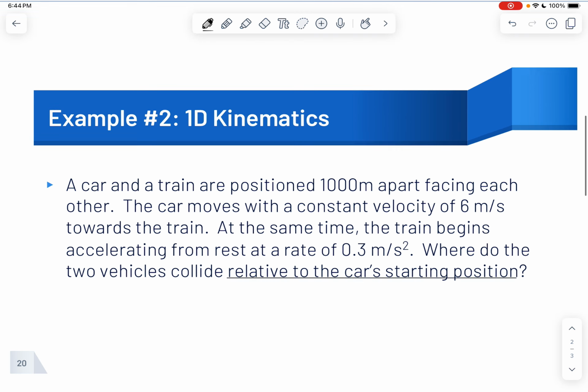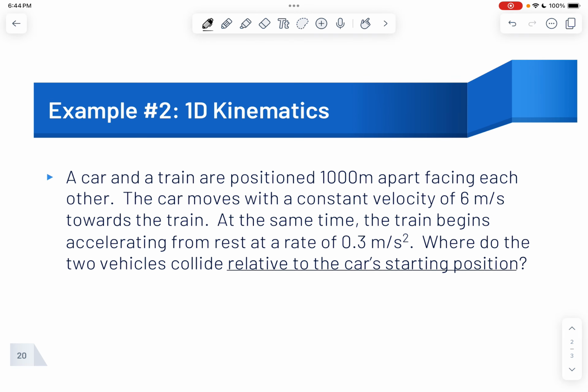So for our example here, we're going to have a car and a train. They're going to be positioned 1,000 meters away from each other, and they're going to be facing each other as they start to move. So our car is being described as moving with a constant velocity. Again, constant velocity just means our acceleration is going to be equal to 0 in this case.